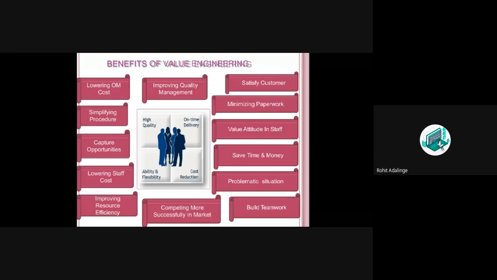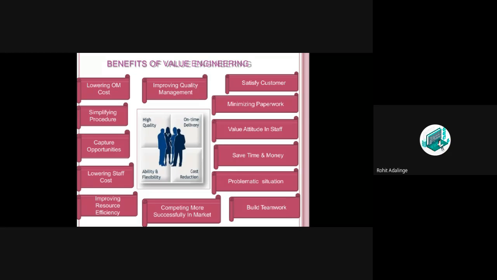If the number of operations is more, let us say initially there are 10 operations, and we have reduced it to 8 operations after applying value engineering. So for the 2 operations, whatever the machining requirement, that will get reduced. Then the engagement of 2 workers will get reduced.